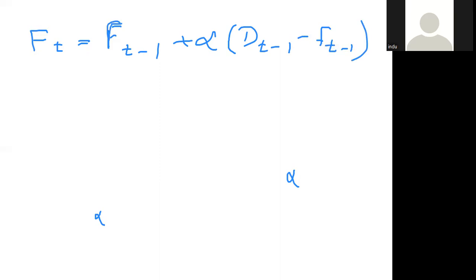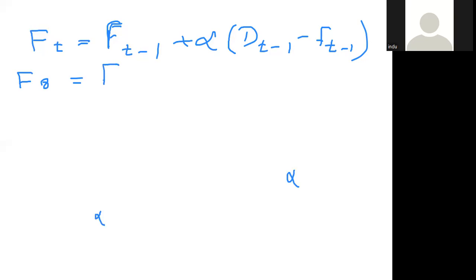If you want to find the forecasted value for period t, then we need the forecasted value for the previous period, and then we need the actual value for the previous period, right? So in our case, we have to compute F8.